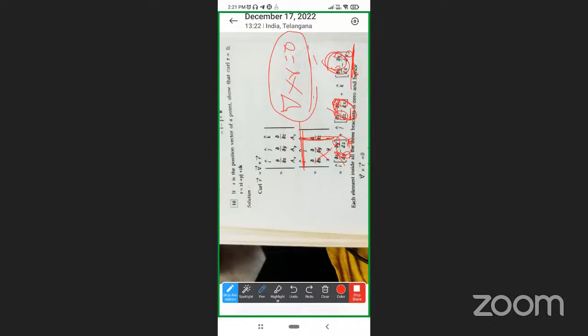Another one: R is the position vector, the divergence of R, del dot R, has value 3. So that is the difference between curl and divergence. Divergence is only the dot product, and curl is the cross product, which is a determinant, that is the formula. This is one method of simplification.